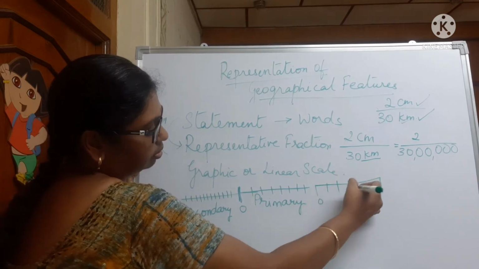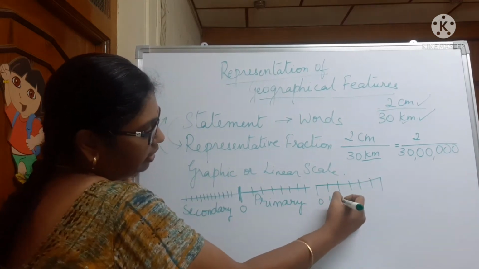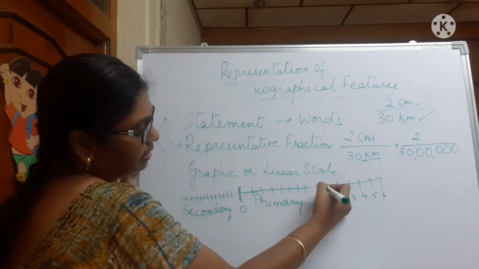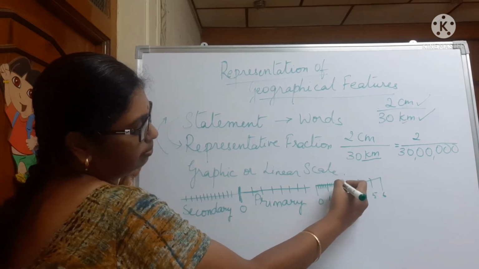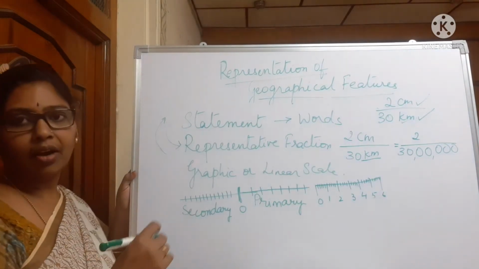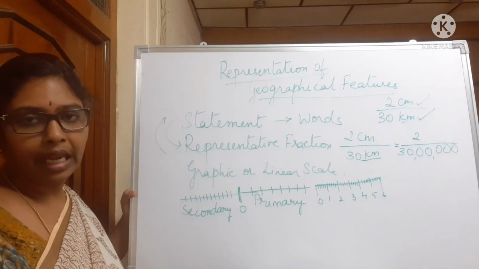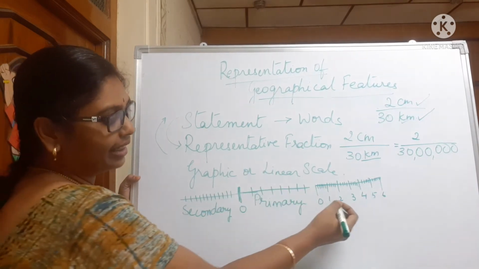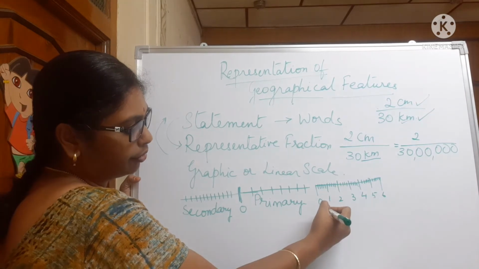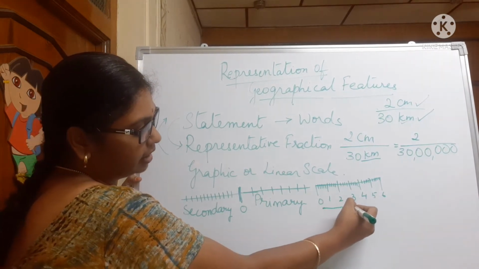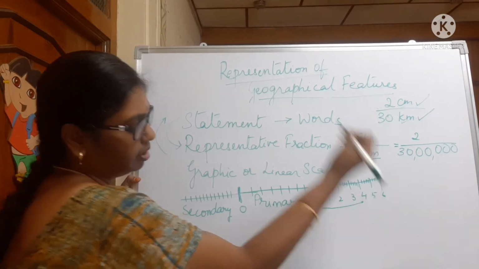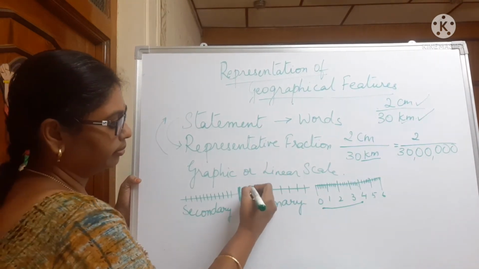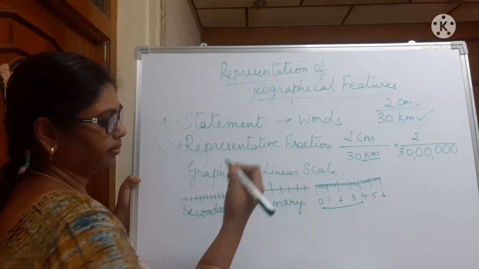In our normal scale, we see the divisions like this: 0, 1, 2, 3, 4, 5, 6. Centimeters and millimeters will be in between. So this is how our normal scale will be. Suppose you have to measure something like 3.5. From 0 you will start measuring, and 3.5 is in between 3 and 4. But here it's not like that. 1, 2, 3.